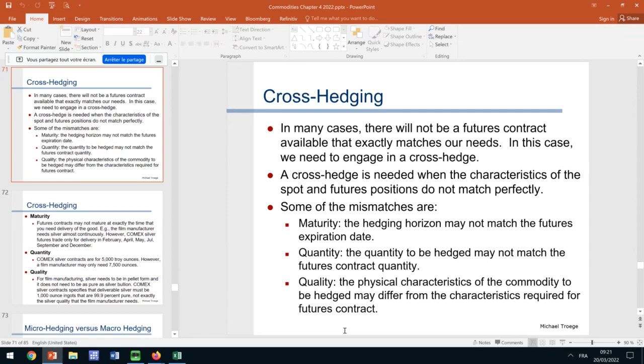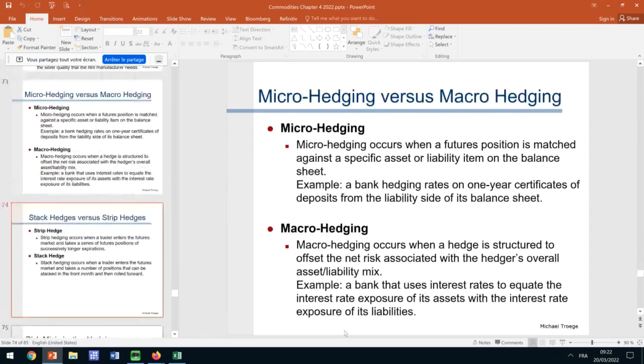Because if the risk is not correlated, the futures contract itself is going to be risky, and if you buy a futures contract with a risk that has nothing to do with the risk that you have, it's easy to see that you will introduce additional risk into your combined position. There might be some squeeze on the futures contract, and suddenly you will have a massive risk from your futures position that has nothing to do with the price of your commodity. So this is about the hedge ratio.